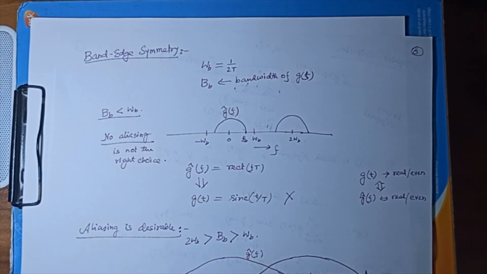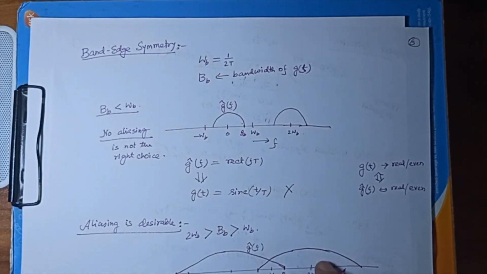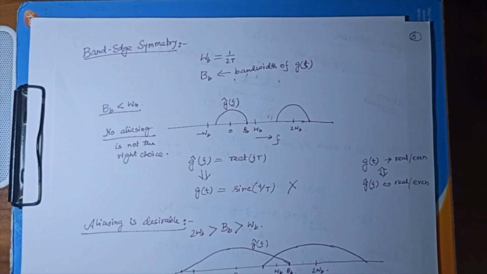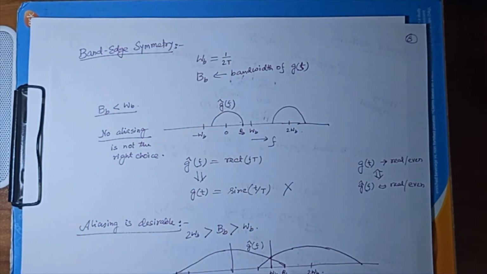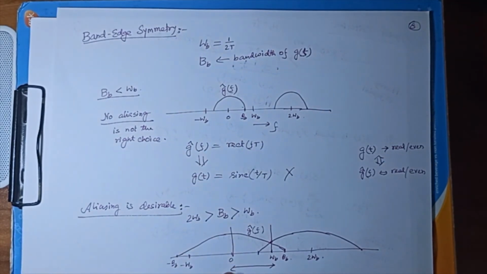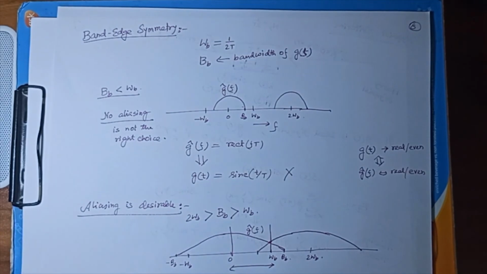Only one, because the next one, which is around 3, will have overlap with this pulse but not with the first one. So if I restrict our observation to 0 to WB, there will be at most 2 overlaps.